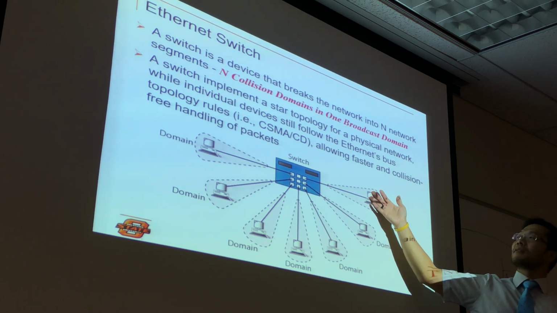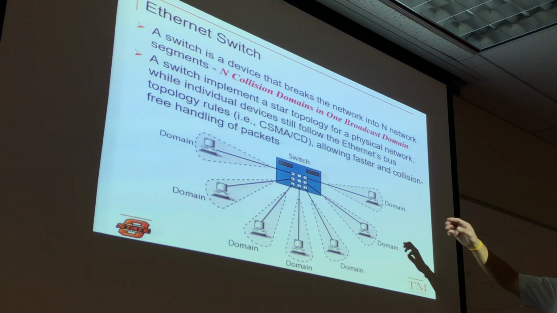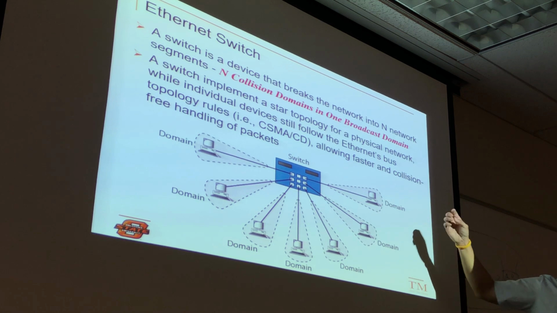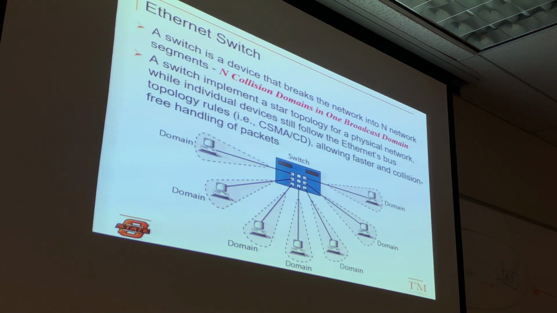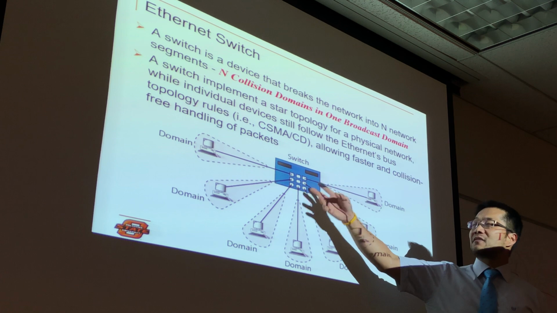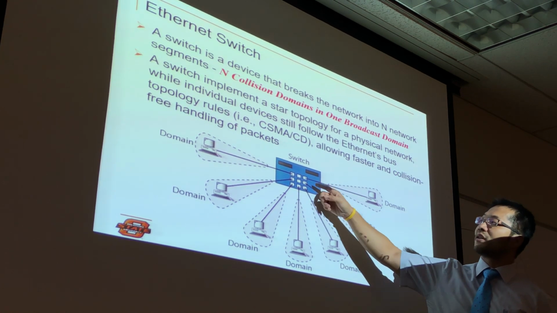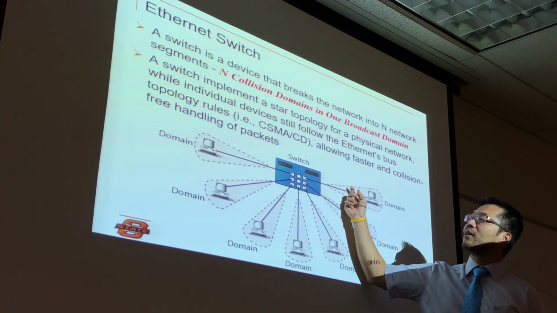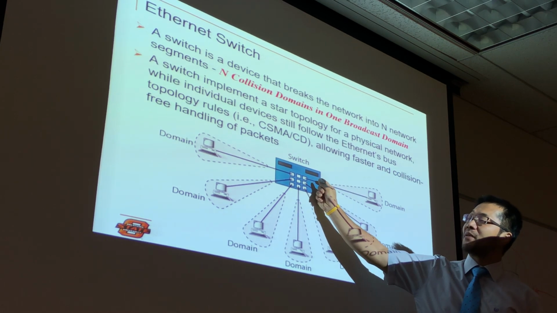As long as the switch can handle inbound and outbound traffic as fast as it receives, and that speed is fast enough to avoid the collision. Or the switch has a memory where it can put a frame.